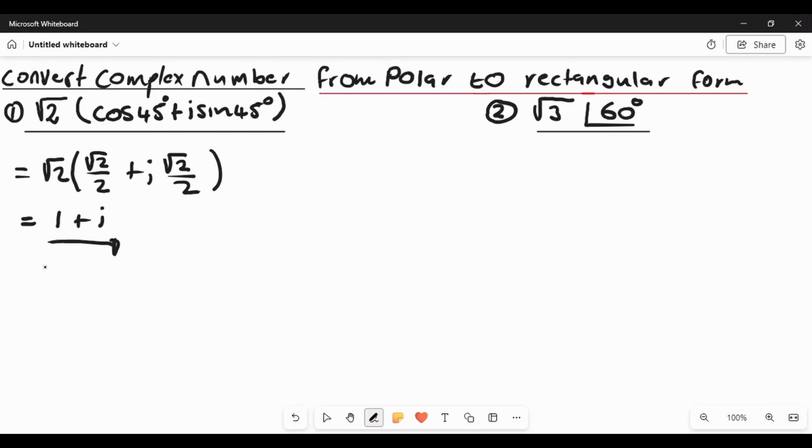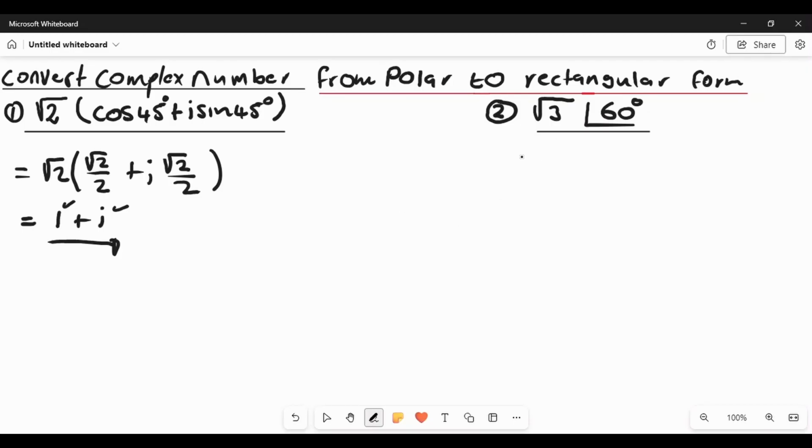Don't forget, guys, rectangular has a real number and an imaginary number. Just in case you don't know the rectangular form, I already made a video on it. Go to the description, where I left a video explaining the introduction of the rectangular form. Now let's do number 2.